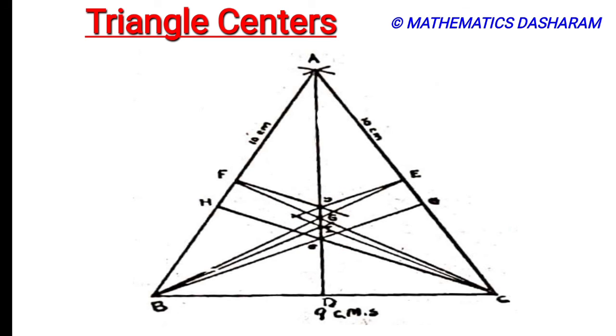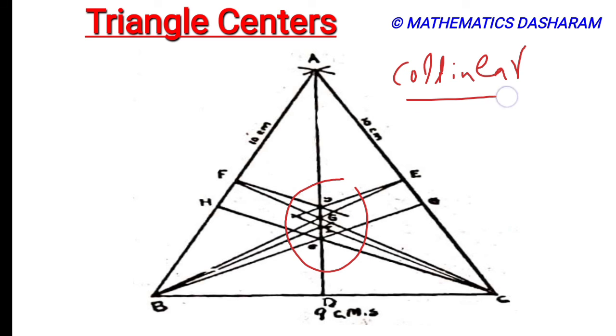So these four centers are called collinear points. But what is the meaning of an isosceles triangle? If any two sides are equal in a triangle, it is called an isosceles triangle. So look at the diagram here. G, S, I, O are all on the same line, so they are collinear points.